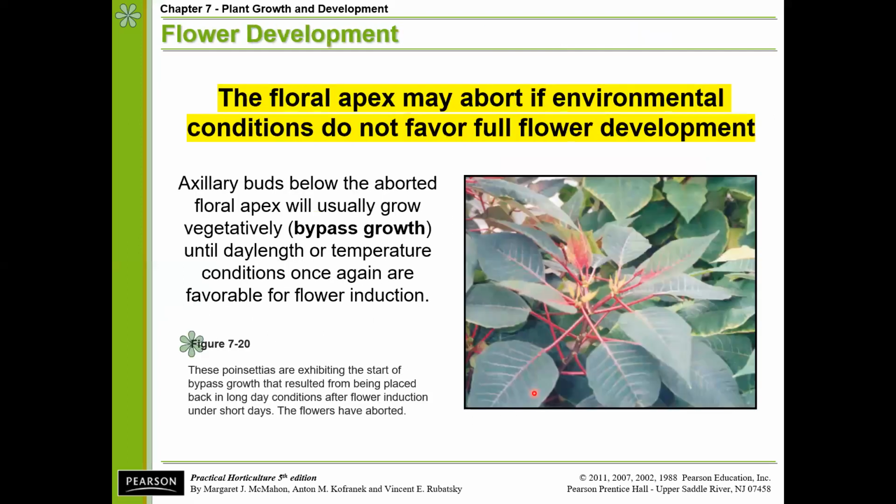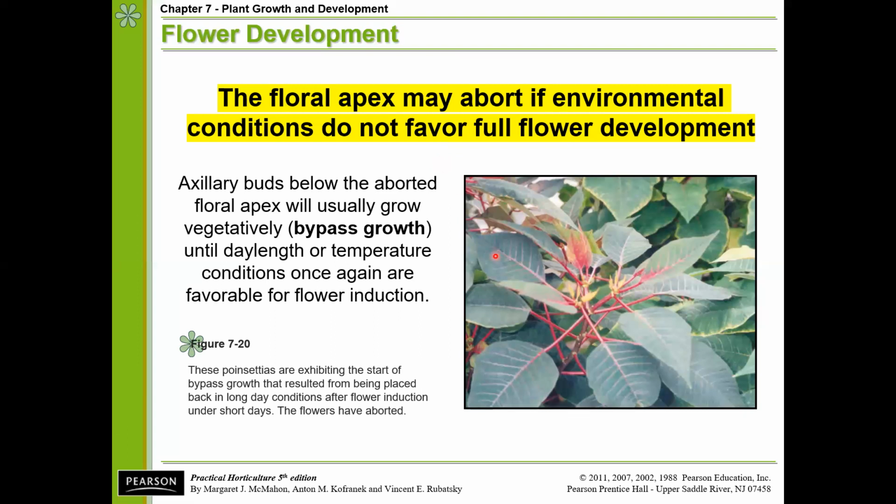On the development of the reproductive phase, we can have an issue where the floral apex itself, that meristem that has become reproductive, can abort if the environmental conditions are not favorable to actually develop into flowers. Sometimes they'll just continue to grow vegetatively instead of going into that reproductive state.